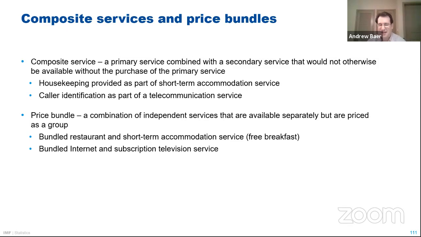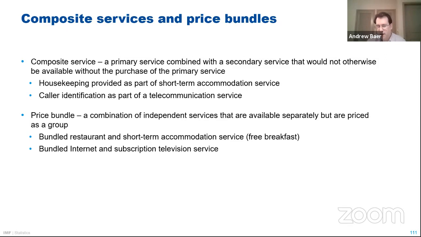You cannot get that secondary service without the primary service. Another example would be in telecommunications. Let's say a service that is caller identification. You know, something that tells you who is the person who's calling you when they dial. You cannot buy that service if you don't have the phone line from the telecommunications provider. So that's a composite service. The secondary service is only available if you purchase the first one.